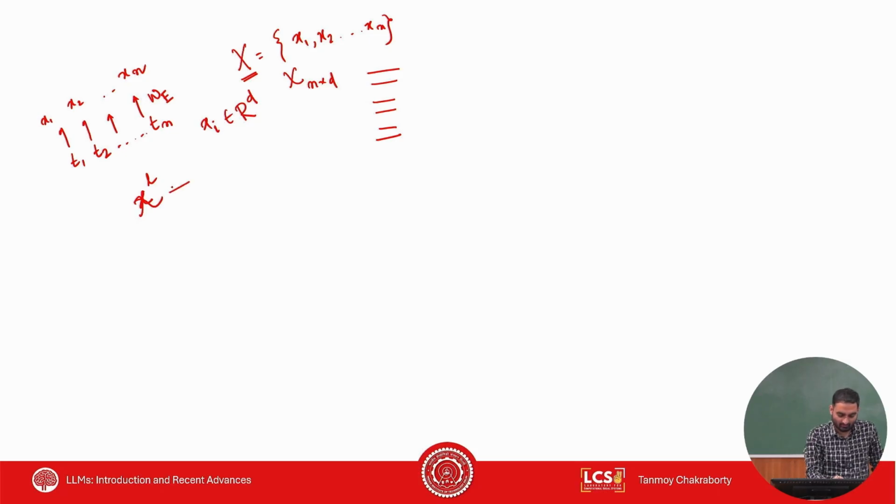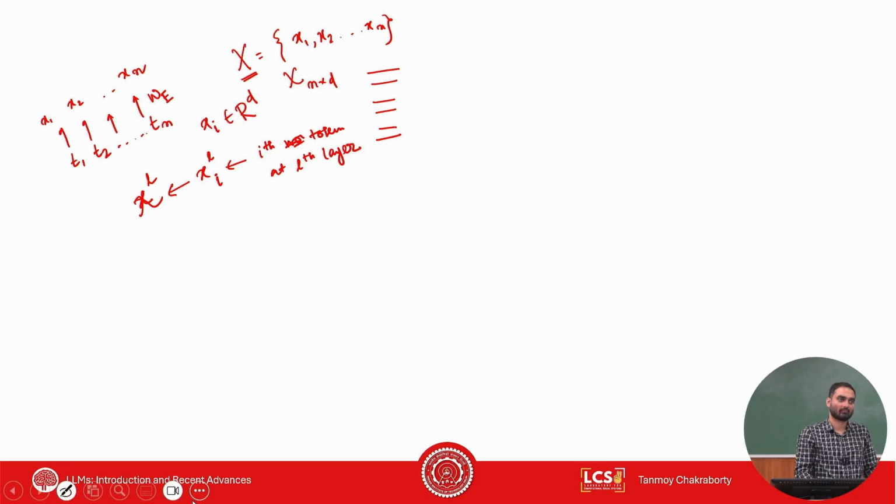So one of the elements of this X matrix is, let's say, x_i^L. This is the ith token, ith word at the Lth layer, right? Remember this, ith word or ith token at the Lth layer. Okay, and remember, when we compute the masked attention at the ith position, I will only consider those tokens which appear before i, right?